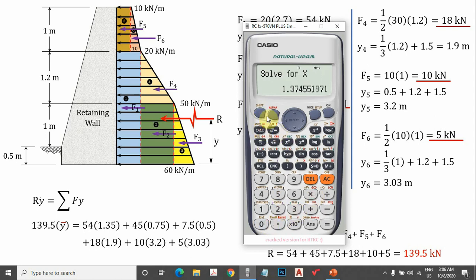Shift, calculate, solve for x. I will input a probable value or an estimate, so I input 2 and then equal.